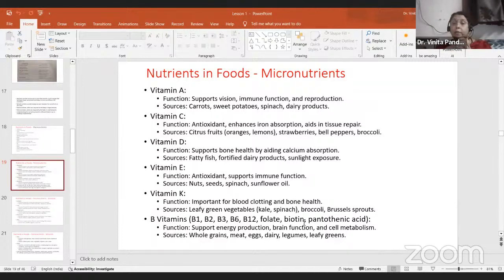When you talk about vitamin A, it is very important for your vision, immune functioning, and reproduction. And right from our childhood days, we have been told that carrots are the richest source of vitamin A. Vitamin C is very important to repair any kind of tissue.